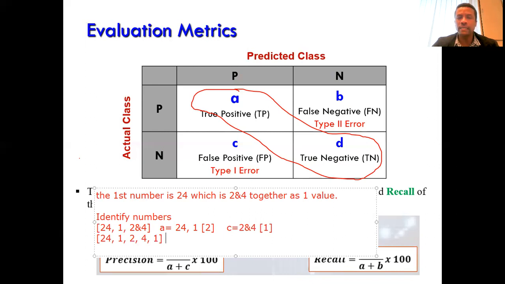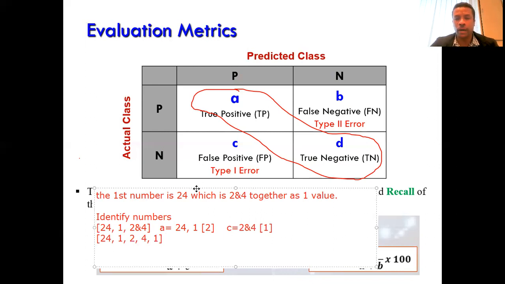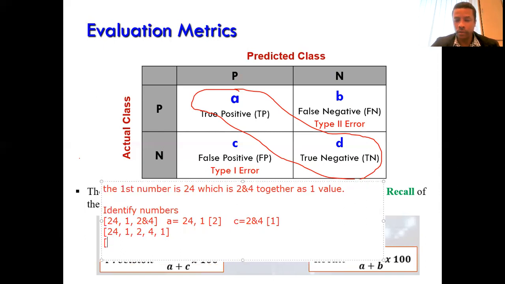Now in this case, who are the ones that were not found? 24 and 1 were found, 2 was not found. Okay, 2, 4 and 1, sorry, these are B. These are false negatives.